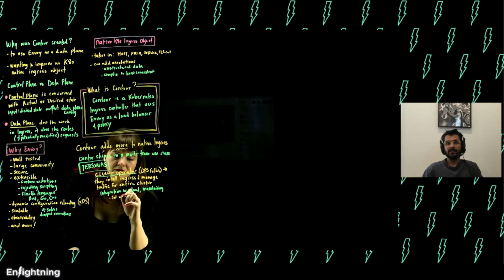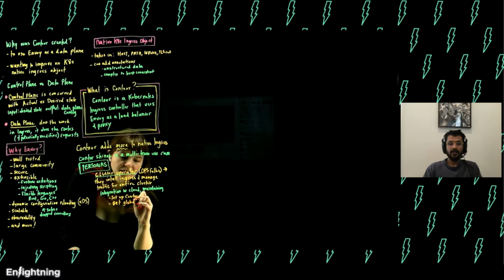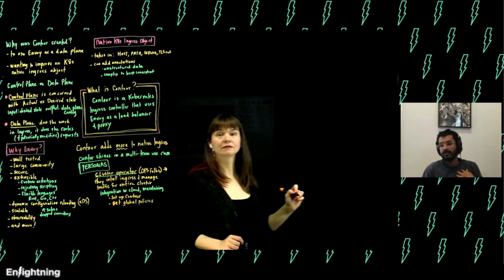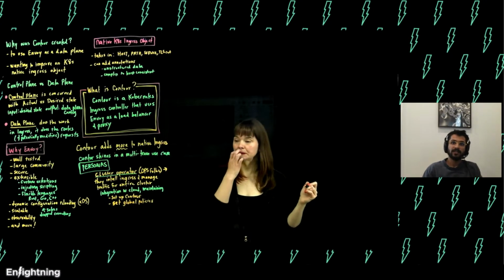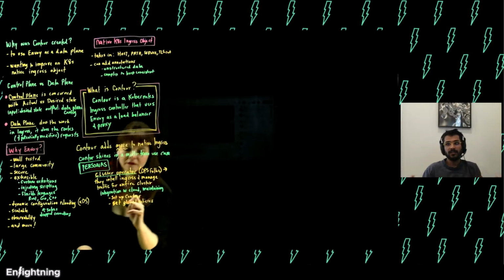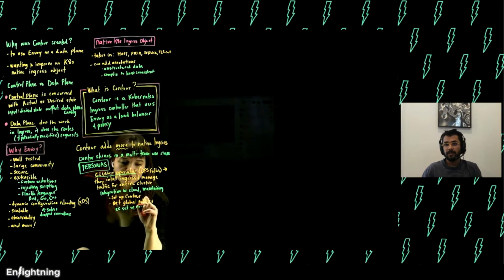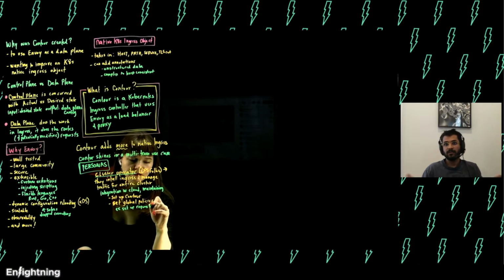So they're kind of an administrator, operations persona. With Contour specifically, they might set up Contour, they might set global policies. For example, if you want certain request headers to be set on all requests that are proxied by Contour, that might be something the cluster operator does, like some sort of corporate policy. Things like that.